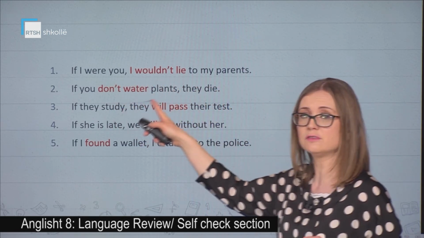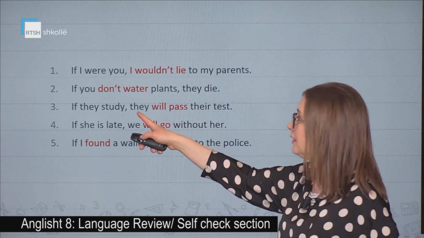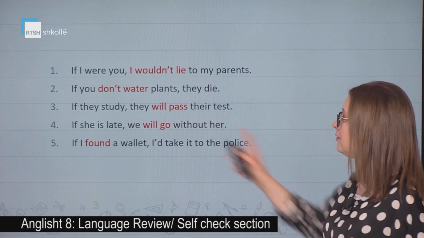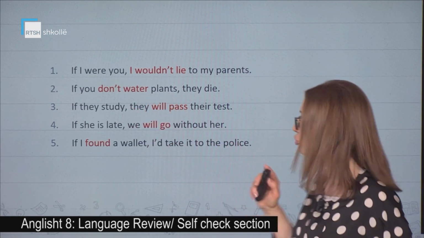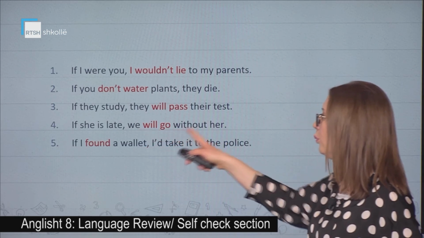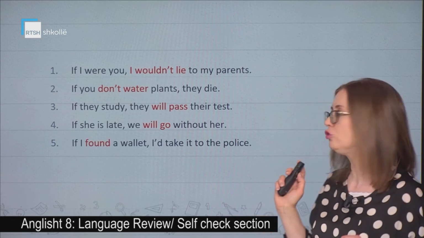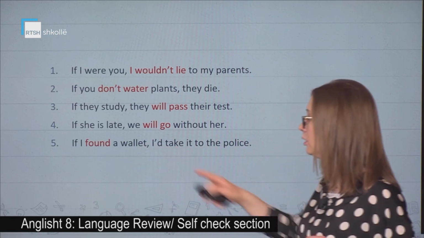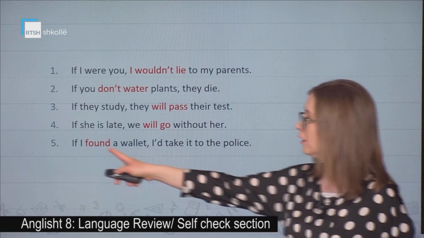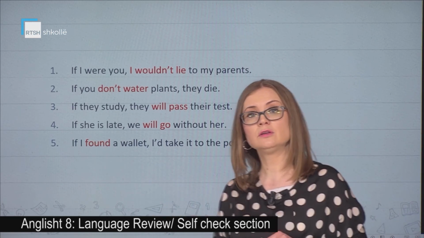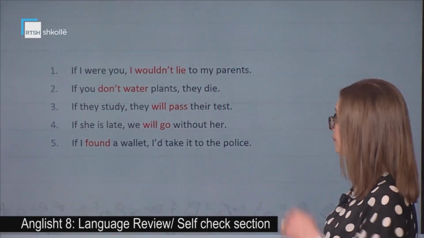So, it's the first conditional. If they study, they will pass their test. Again, we have first conditional. If she's late, we will go without her. Again, we have the first conditional. If I found a wallet, I would take it to the police. We have the second conditional here.